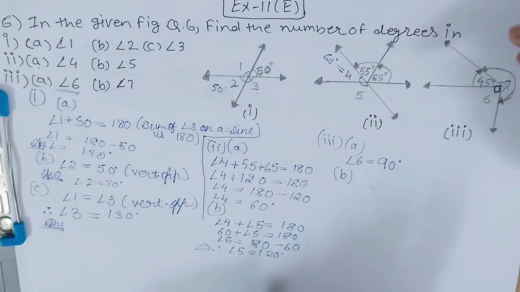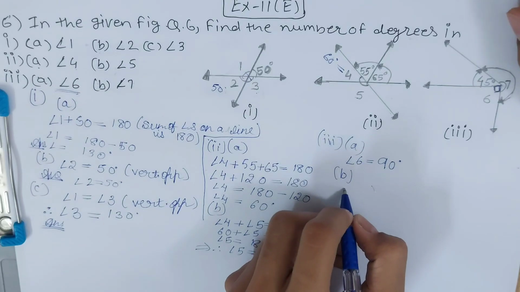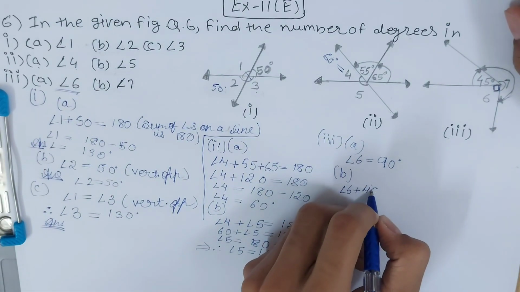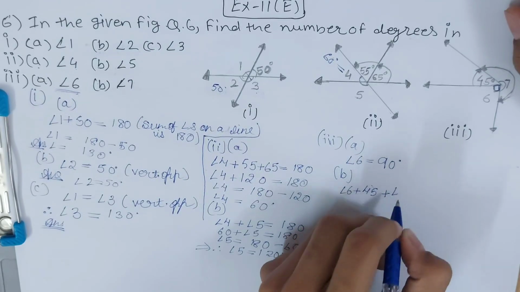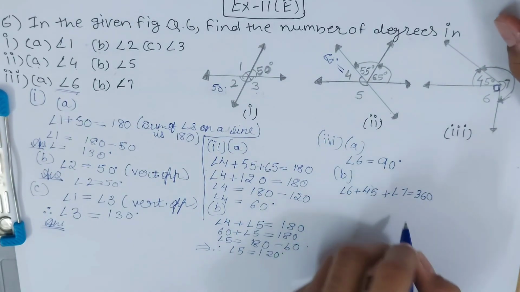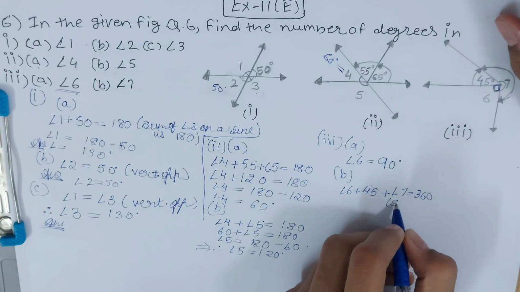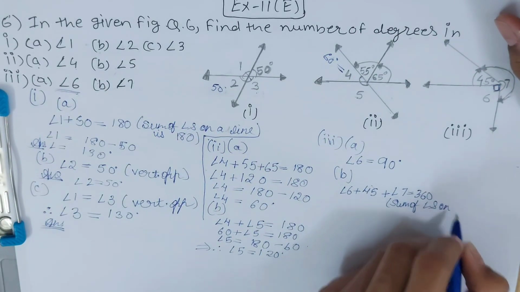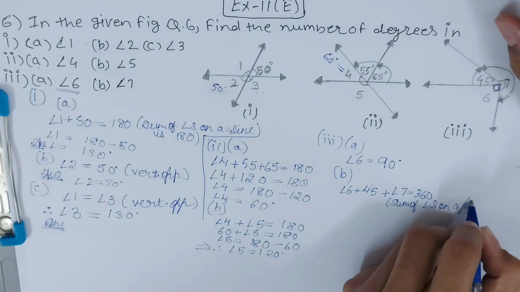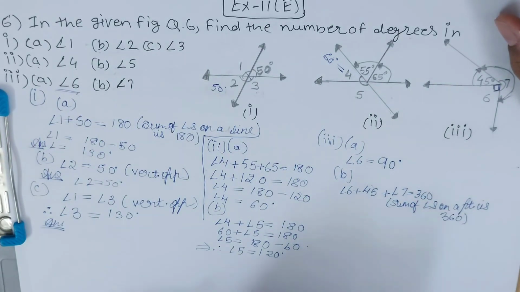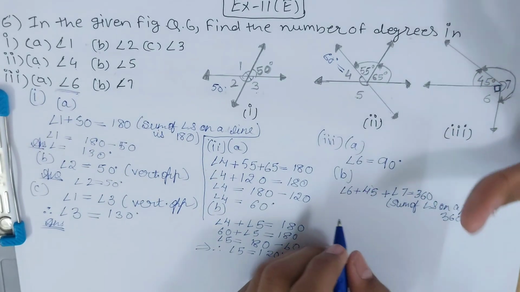See here, angle 6 plus 45 degrees plus angle 7 is 360, right? What property have we used? Sum of angles at a point is 360. This will give us the value that we want.